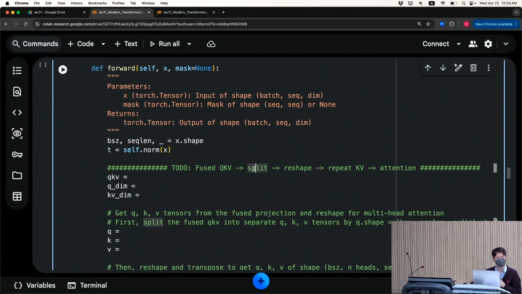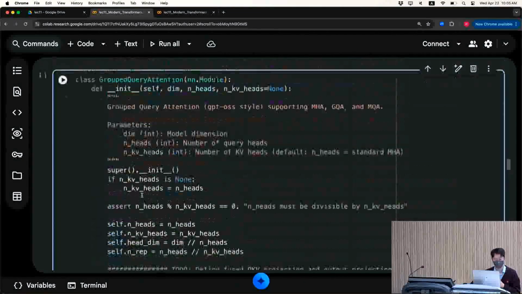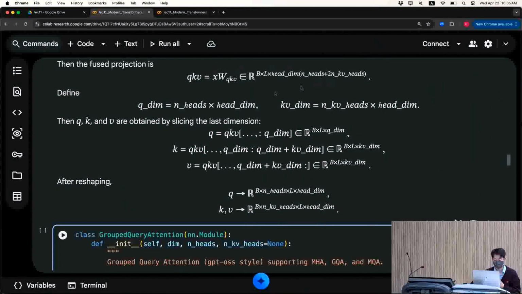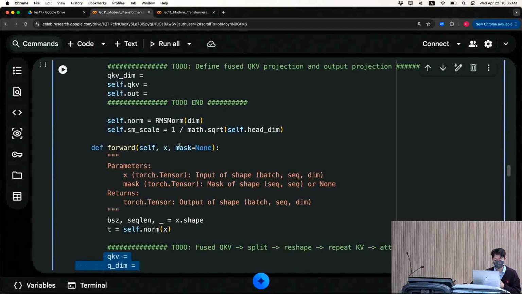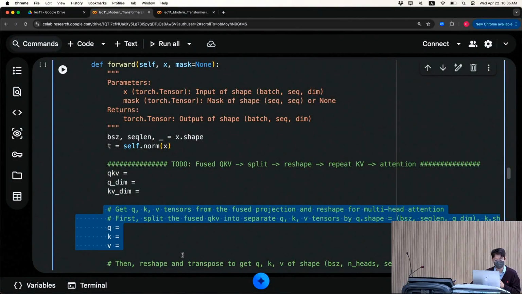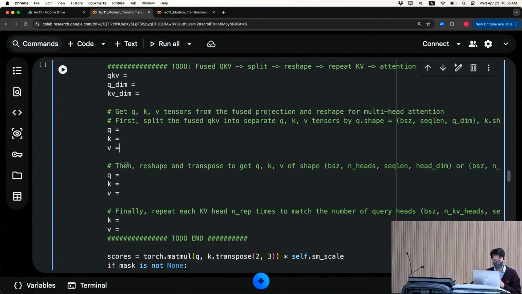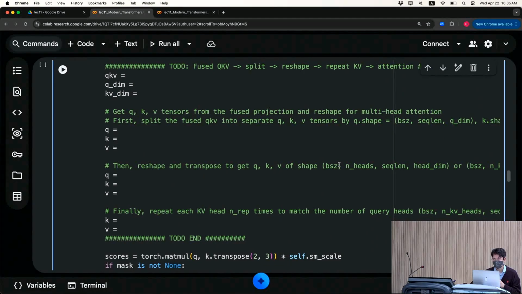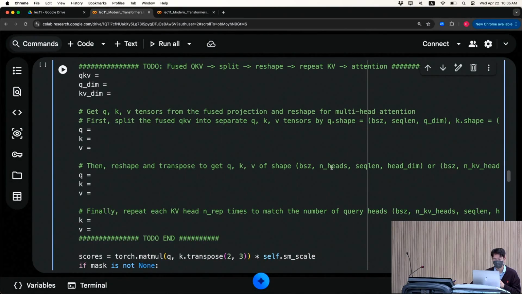So take out the first head dimensions, call it Q, rest of them is KV dim. So these are already given to you above here. And once you know the dimensions, rest of them is easy. You just need to do indexing. And we're going to give it a name, Q, key, and value. And then we're going to reshape it so it's of size batch size, number of heads, sequence length, head dimension.